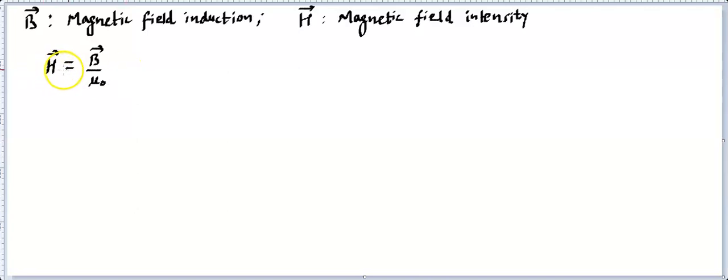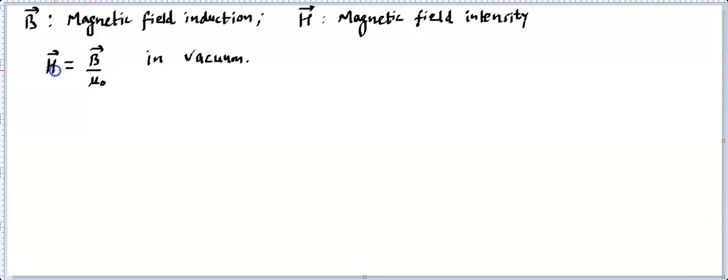So this is how we define H, the magnetic field intensity. It is whatever B you are applying divided by mu naught, in vacuum, or in free space, without any material. So this is how they are linked together. Now if we apply B, we can say this is equivalent to H, just by using mu naught in the calculation.